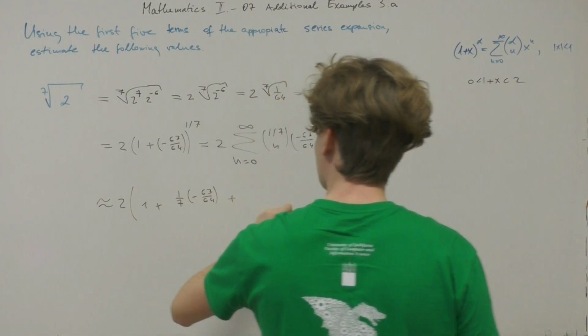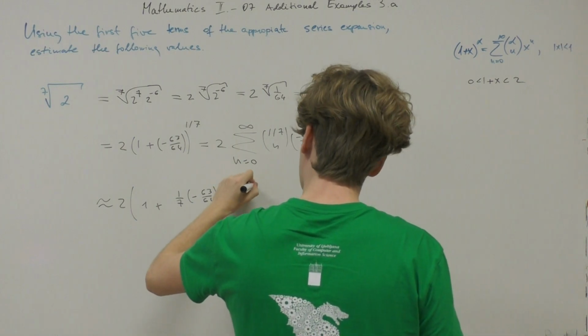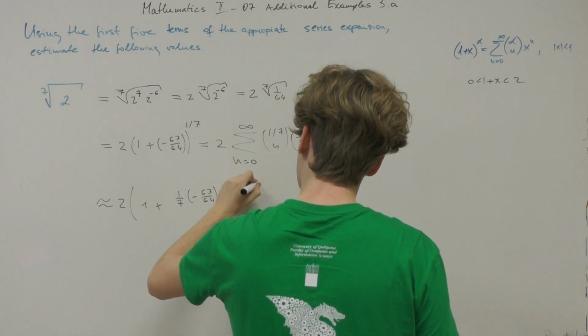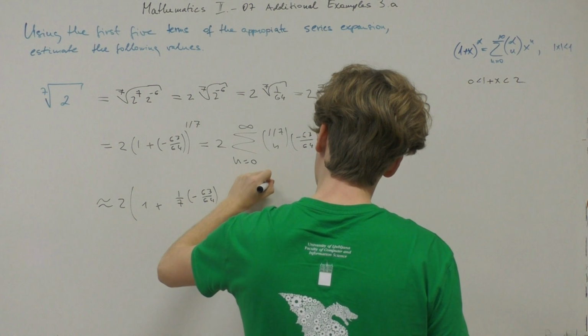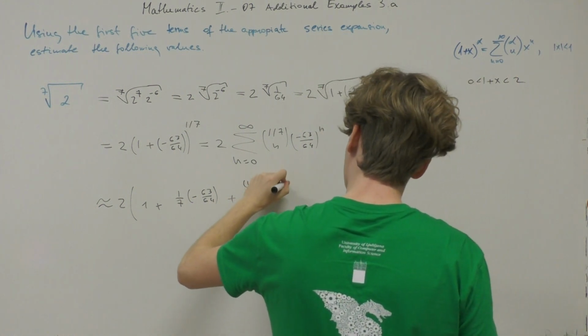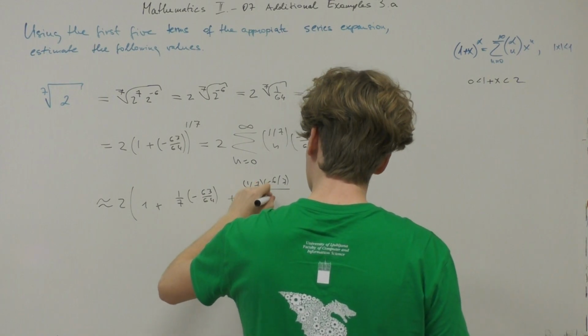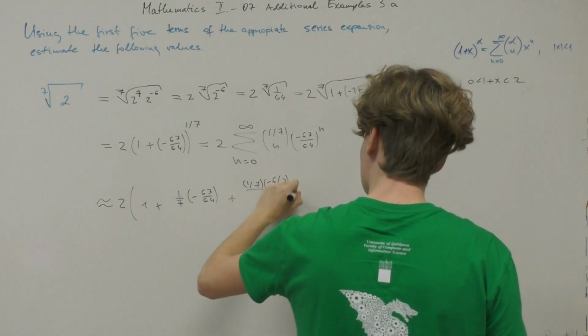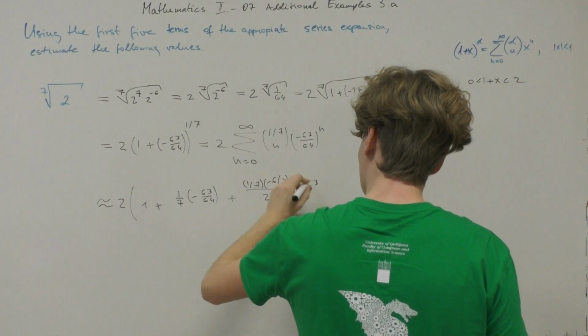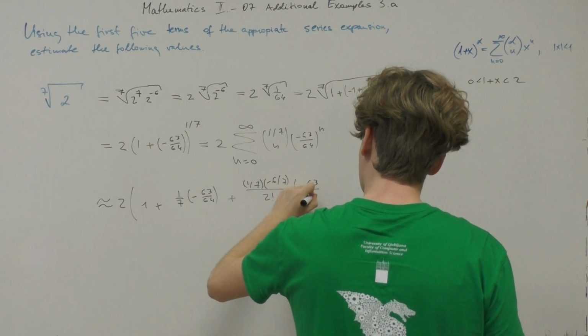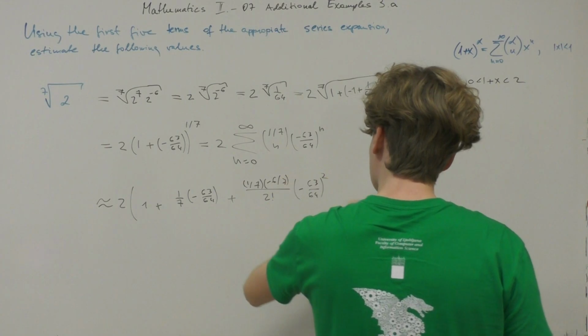The third one is 1 over 7 times minus 6 over 7 over 2 factorial times minus 63 over 64 squared.